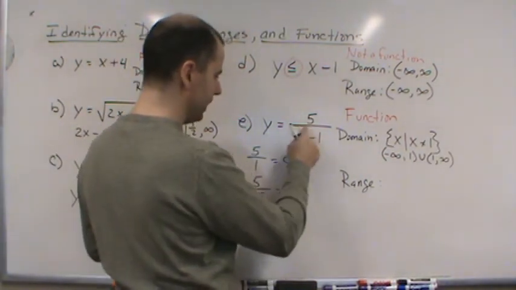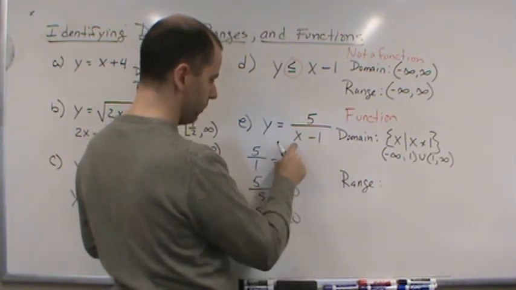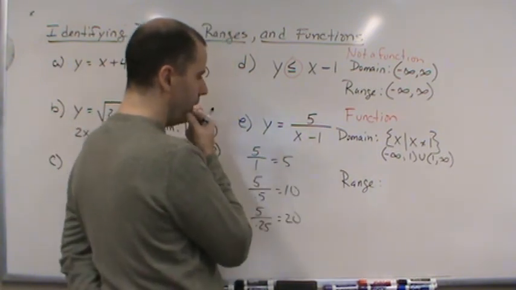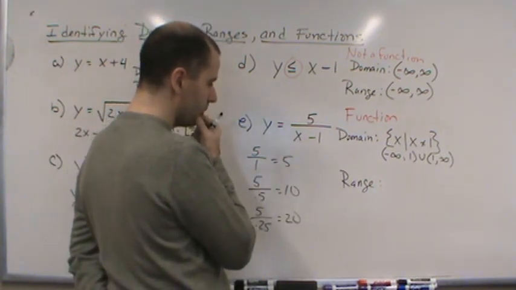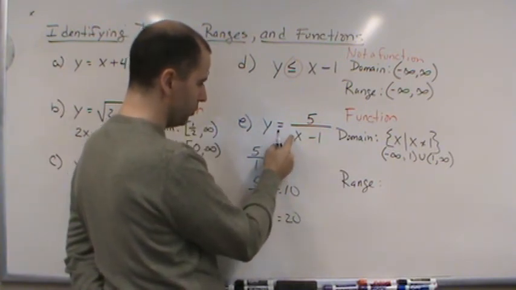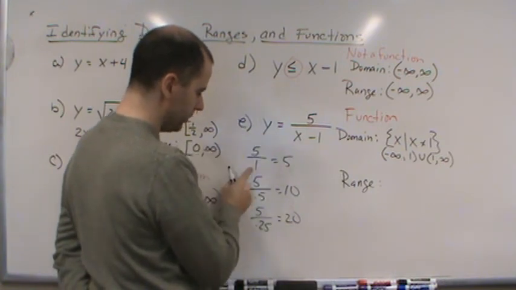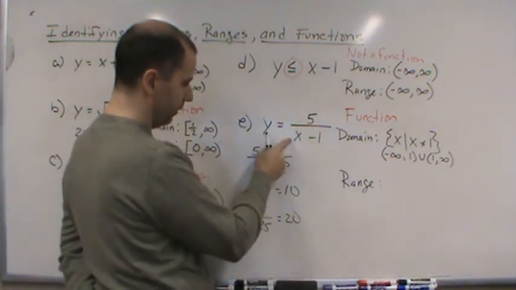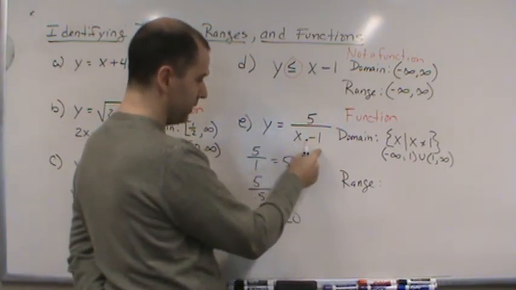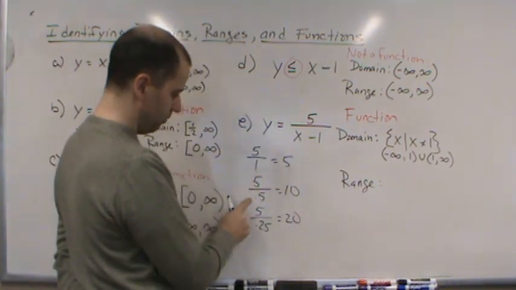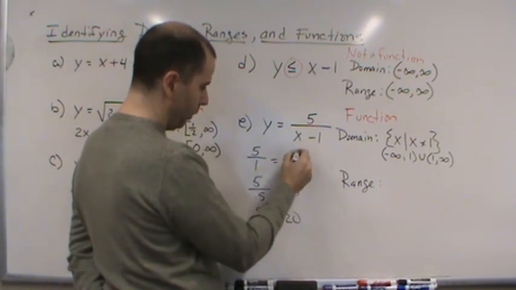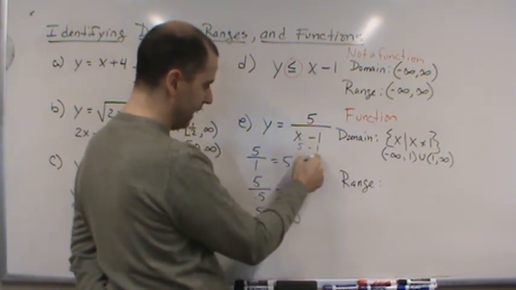Now, what if I stick in negative numbers? What if I go to the other side of 1? In this case, if I'm getting closer and closer to 0 here, so what's happening? Well, if I get smaller, I'm going to get a negative number here, right? So this is getting closer to 0. But, for example, 0.5 minus 1 is negative 0.5.